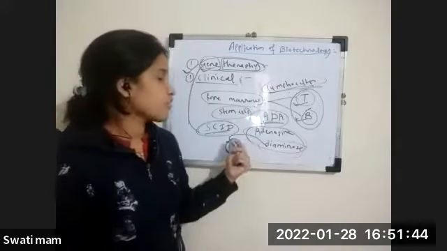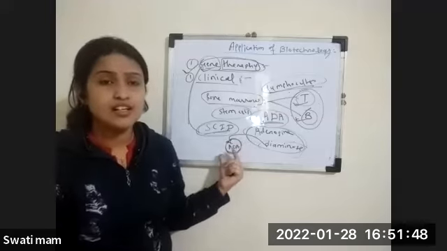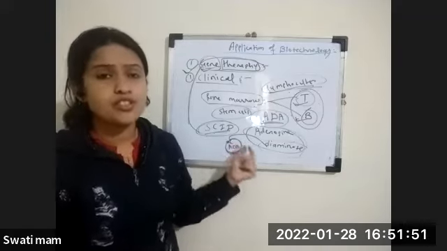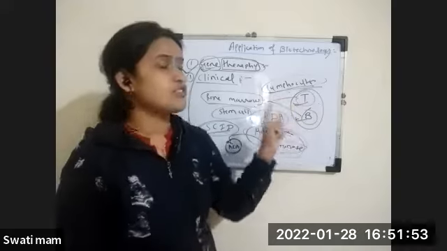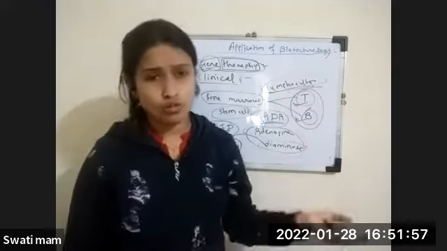Because of the insertion of this enzyme into those lymphocytes, the process of synthesis of T lymphocytes, B lymphocytes, and all can take place automatically.